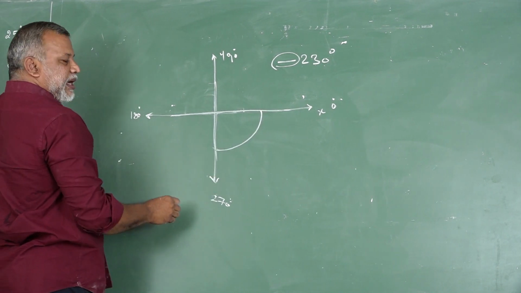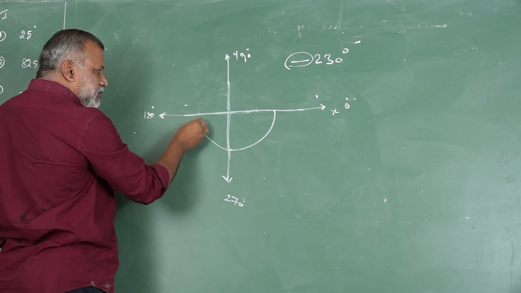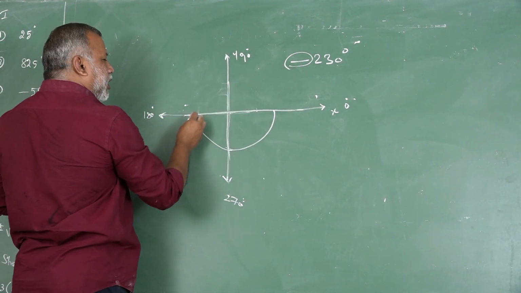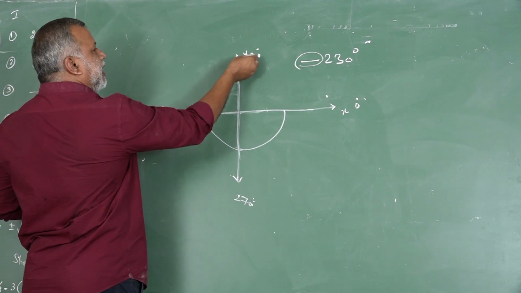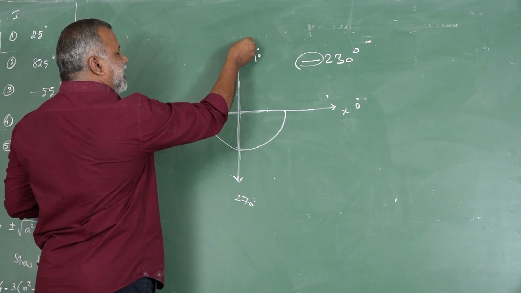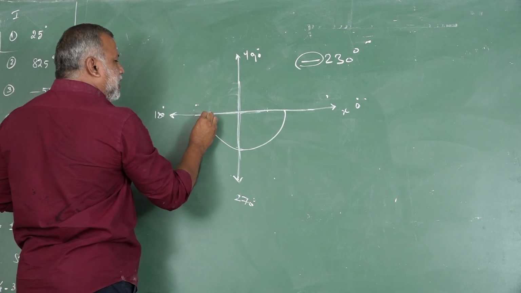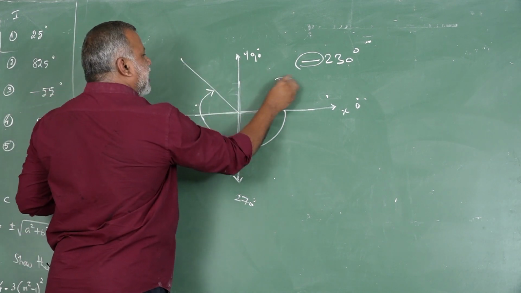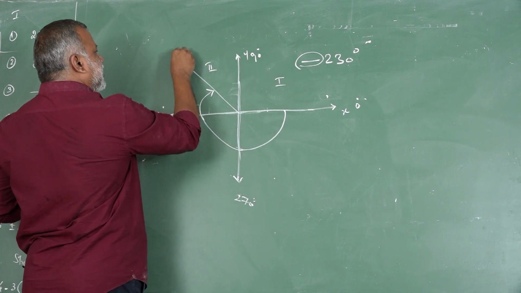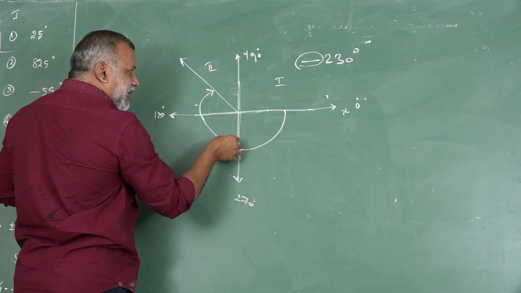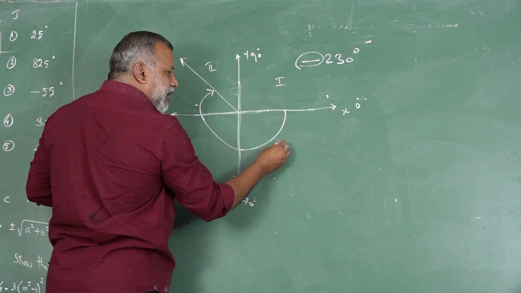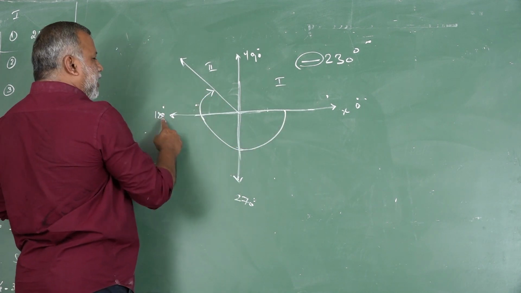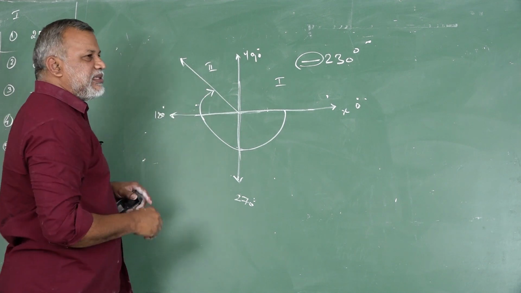It covers 90. From this, 180. Then 230 is after 180. In the negative direction, it is 270, 180. That means it lies in the second quadrant. So if you get a negative, it is clockwise rotation, and clockwise rotation more than 180 lies in the second quadrant.